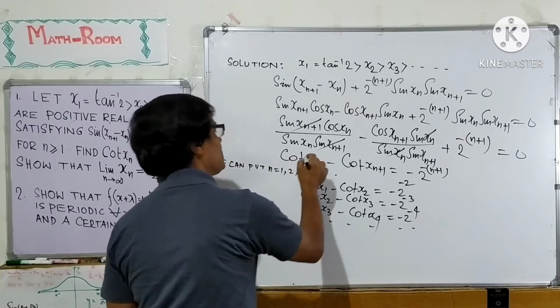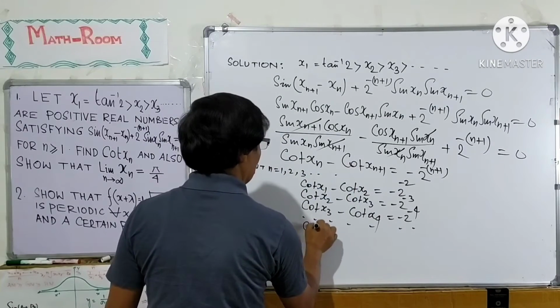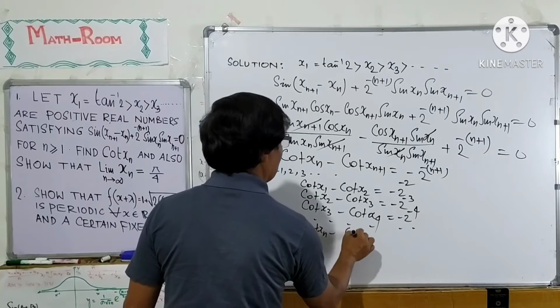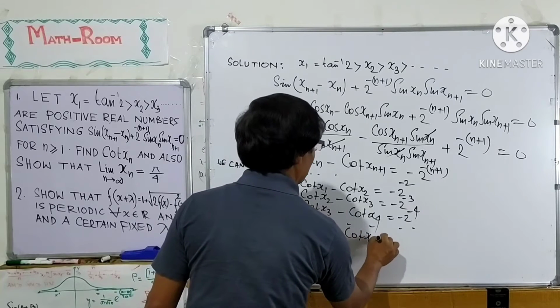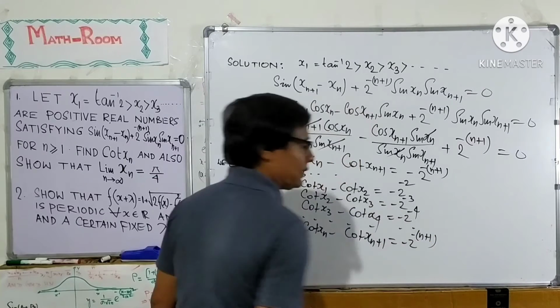And the last relation is cot x_n minus cot x_{n+1} equal to minus 2 to the power minus (n+1).